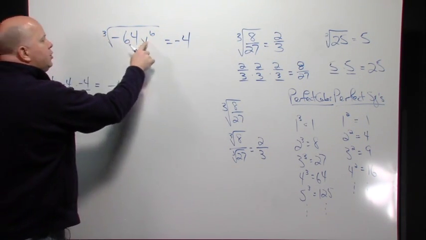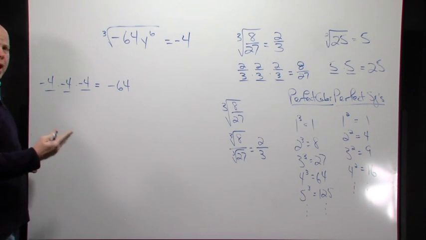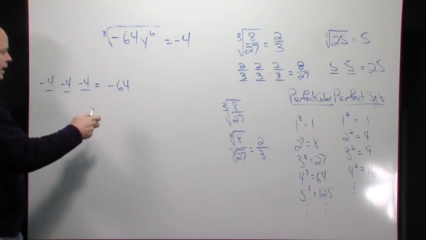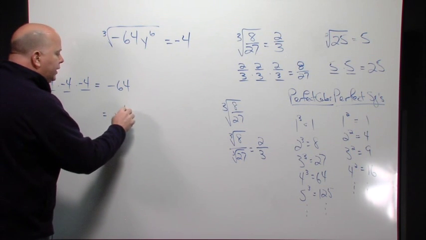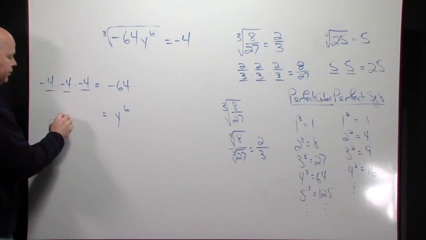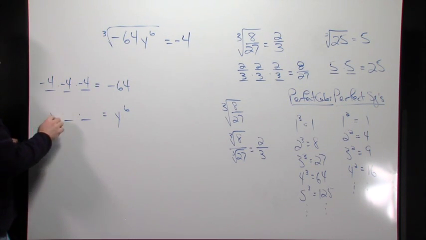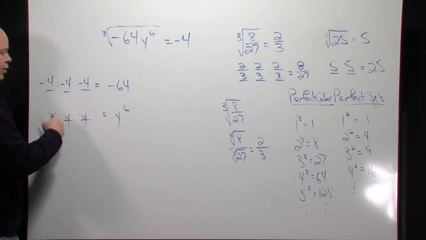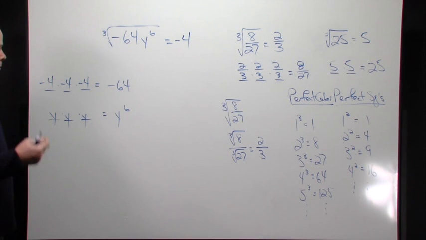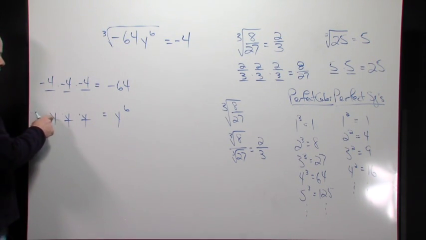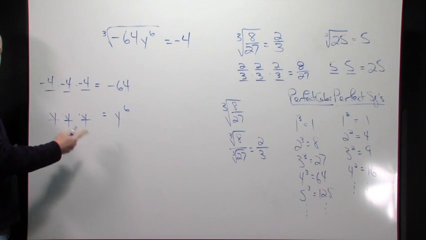Now we're looking at the cubed root of y to the 6th. Again, same logic. What times itself 3 times is going to equal y to the 6th? Well, we know that the base is going to have to be y. Now, what are the exponents here? Now, we know from earlier chapters that when we have the same base, we add the exponents.